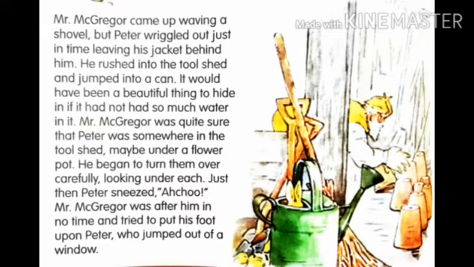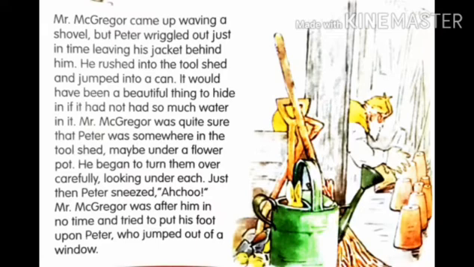But what happened? Some water is there in the can, so he cannot sit in the water for much time. So it would have been a beautiful thing to hide in if it had not had so much water. So that means that because of that water he was unable to sit in that can.